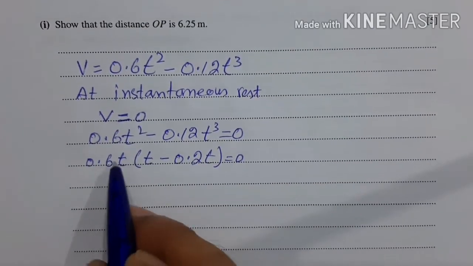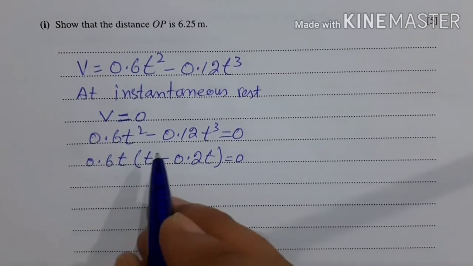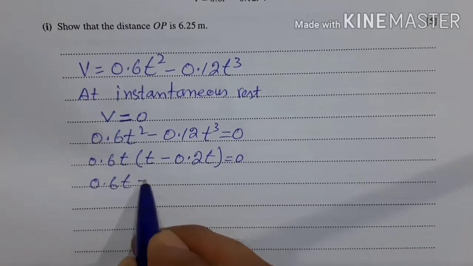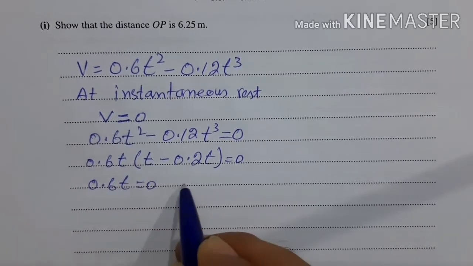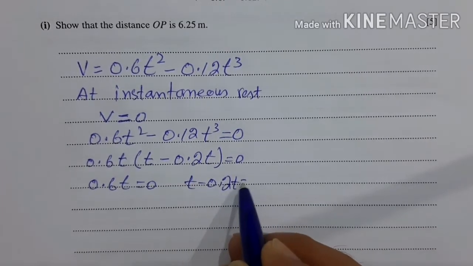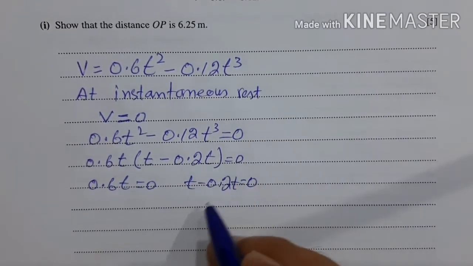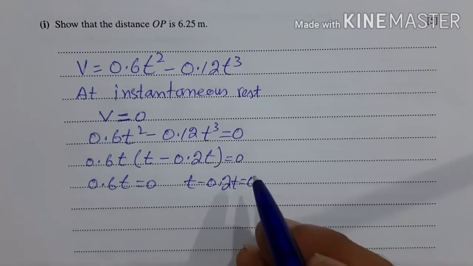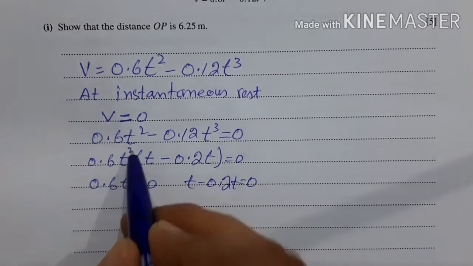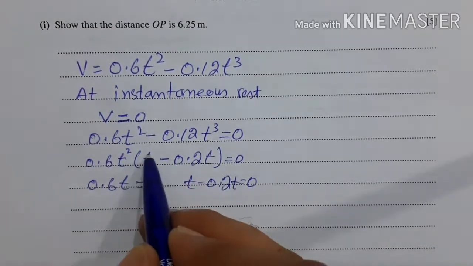So either 0.6 t square is equal to 0, or 1 minus 0.2 t is equal to 0.